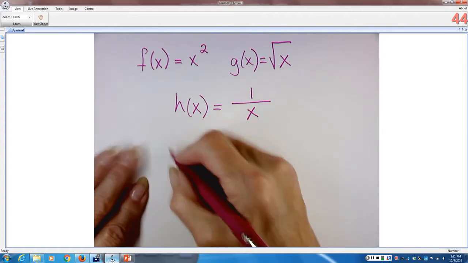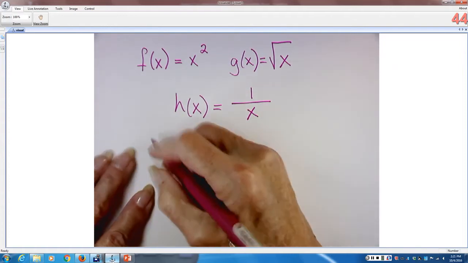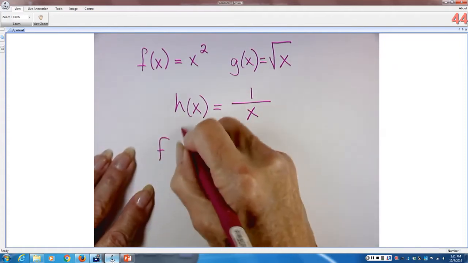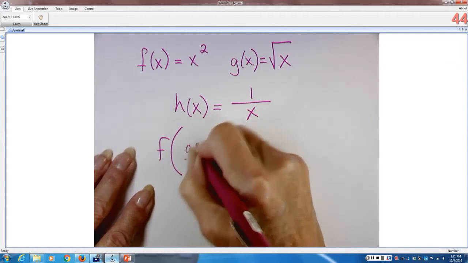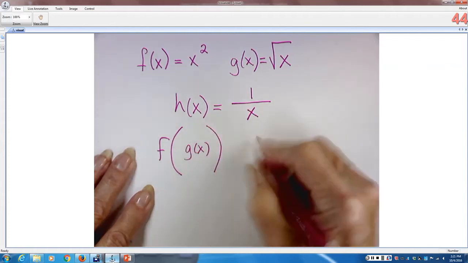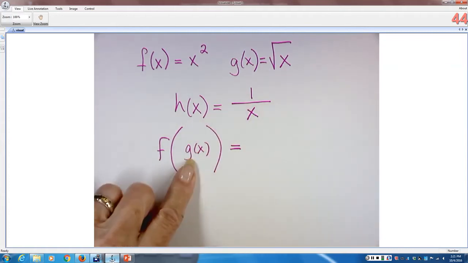If I ask you what is f of g of x, what does that tell me I need to do with g of x? What does f's rule say to do with whatever you throw in it? Square it.